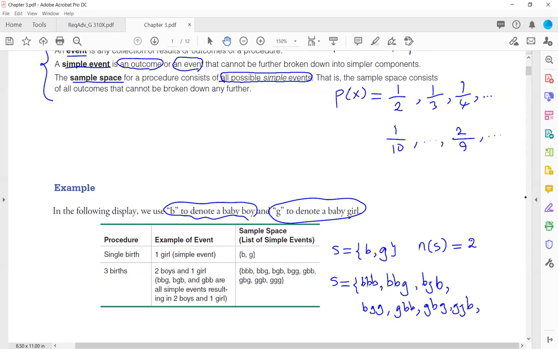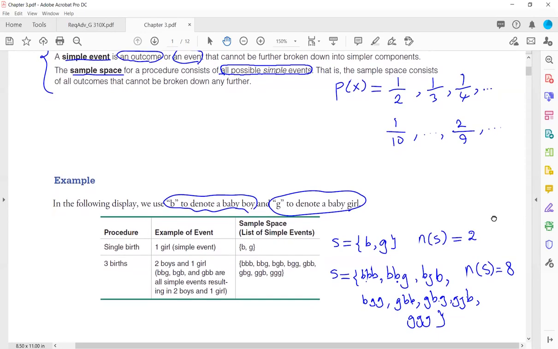How many do you have? You can see you have 1, 2, 3, 4, 5, 6, 7, and 8. So you write N of S equals 8, the total number of values in your collection.